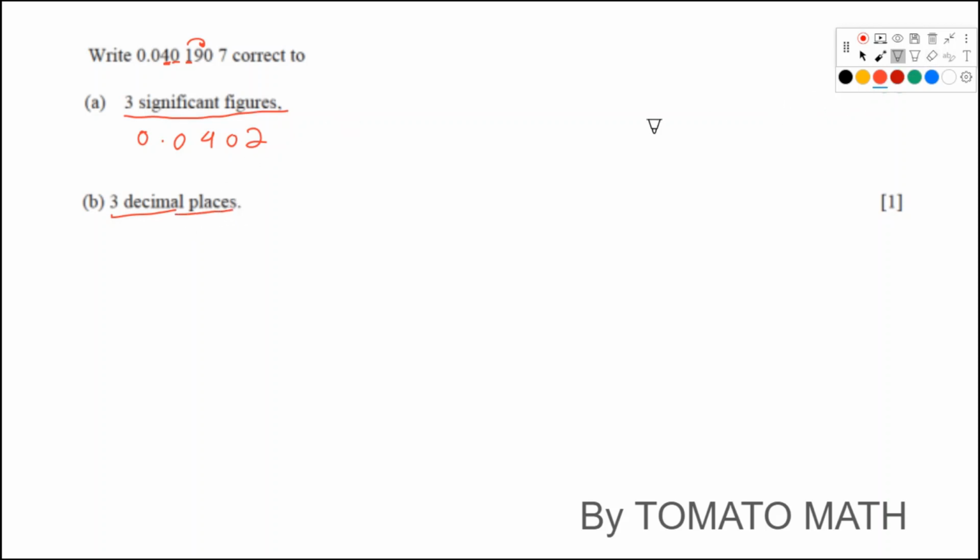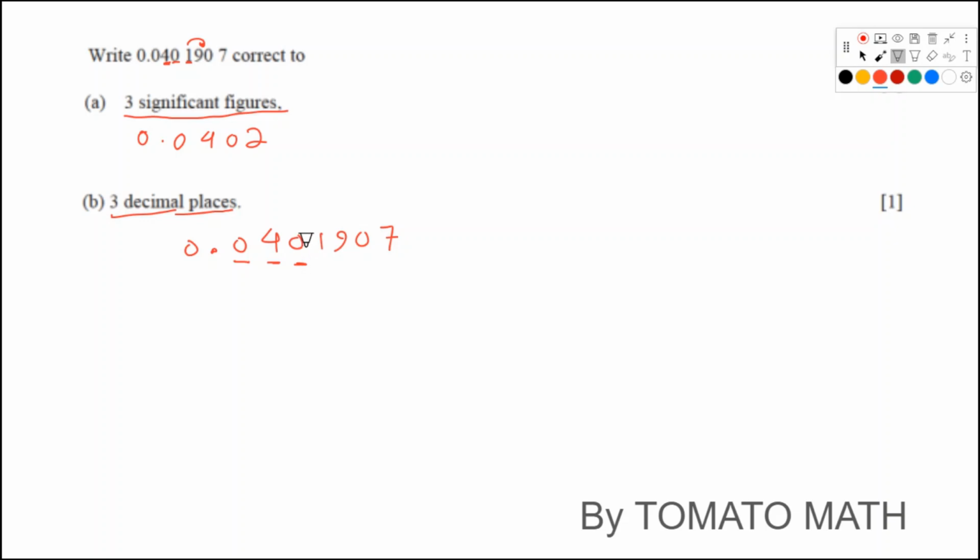The second one is 3 decimal places, and let me just write it again. So here we know that decimal place means the number that is after the decimal point. So this is the first one, this is the second one, and this is the third one.